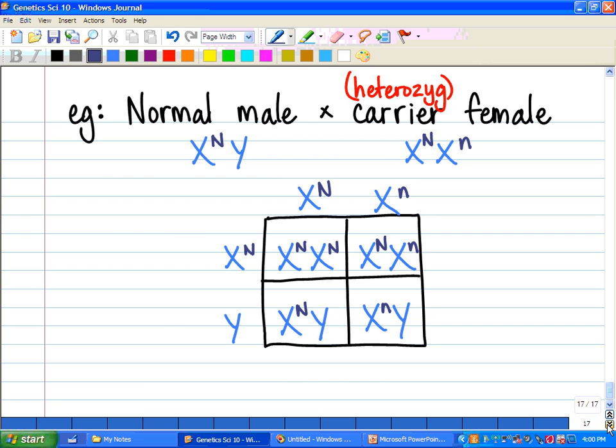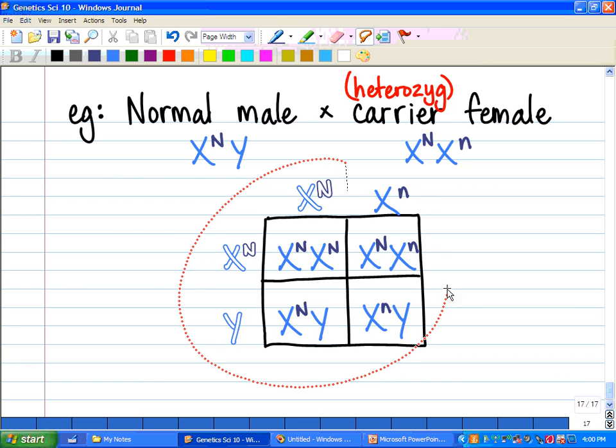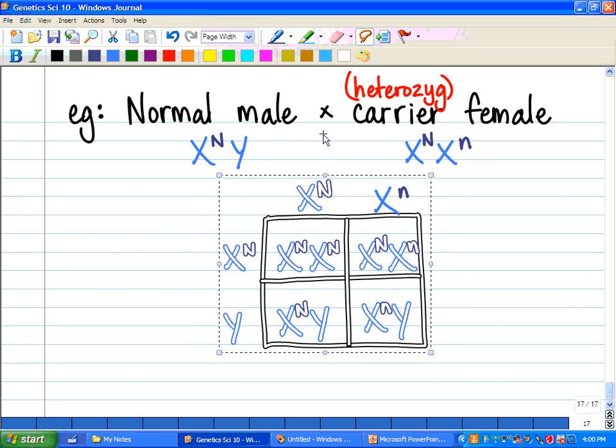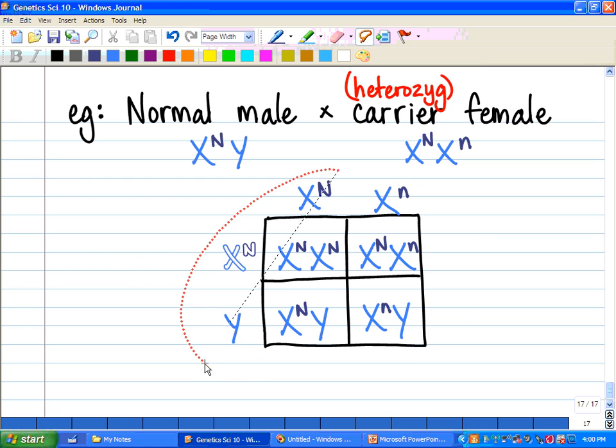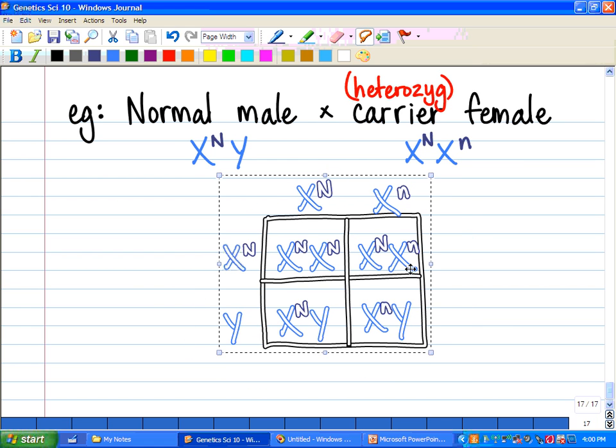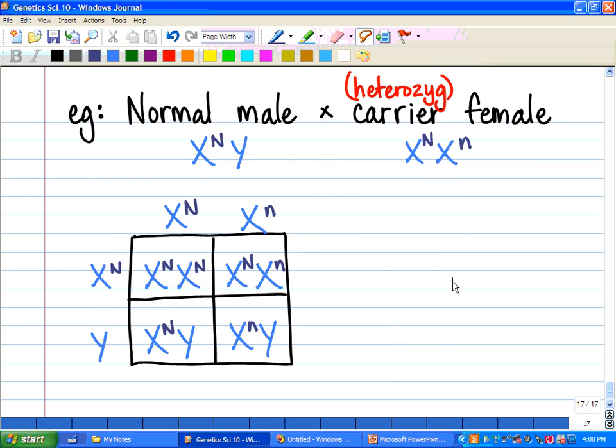What's very interesting about this situation, let me actually move this over. Let me try that again. There's the mistake. Remember I said this is on the fly, no editing. Almost got there. If we look at what we've got for females, what are your chances of having a colorblind female?